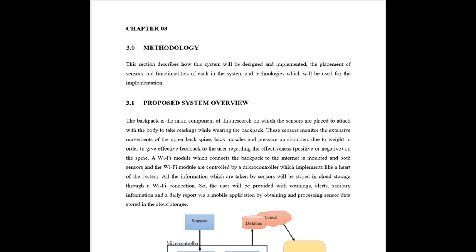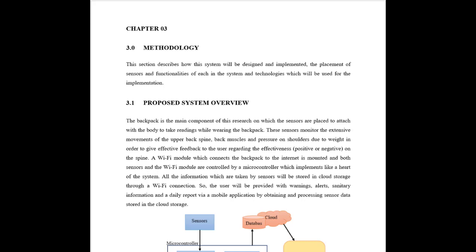Chapter 3 is about methodology. This chapter 3 methodology includes and discusses, as we discussed in the previous videos, the proposed system overview as the first part by using some figures.